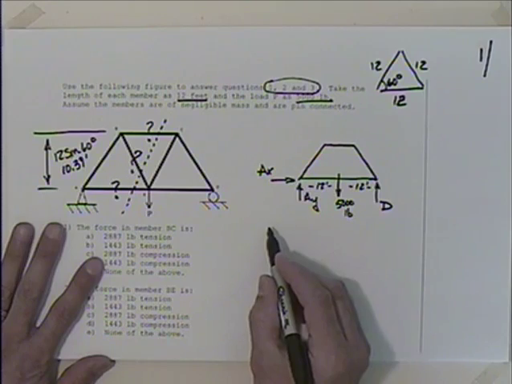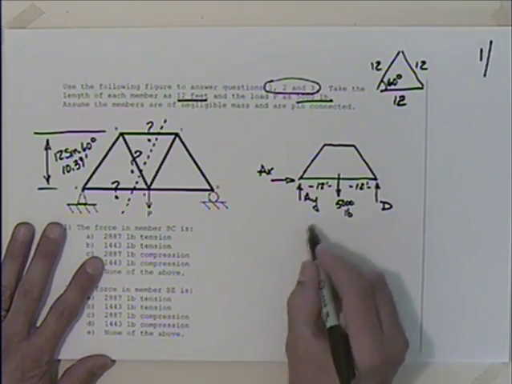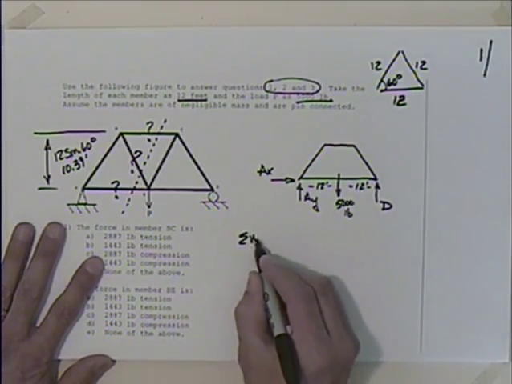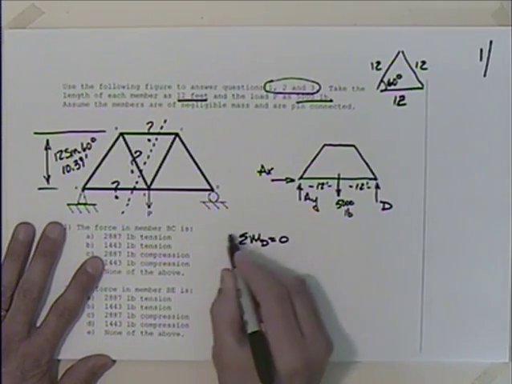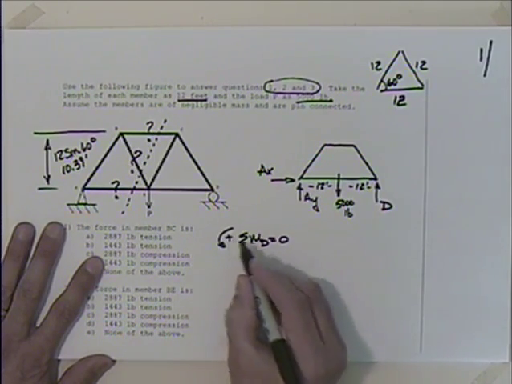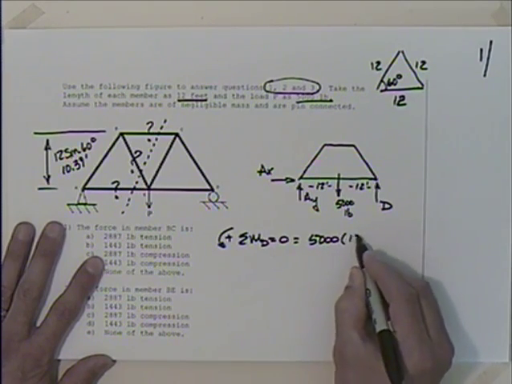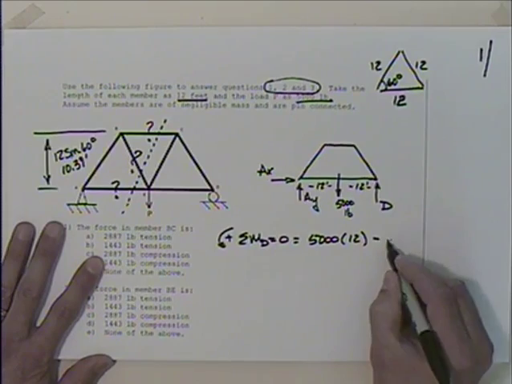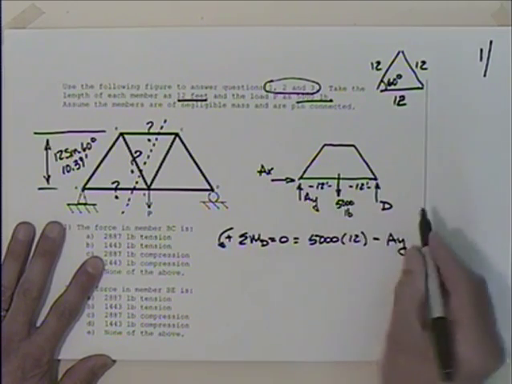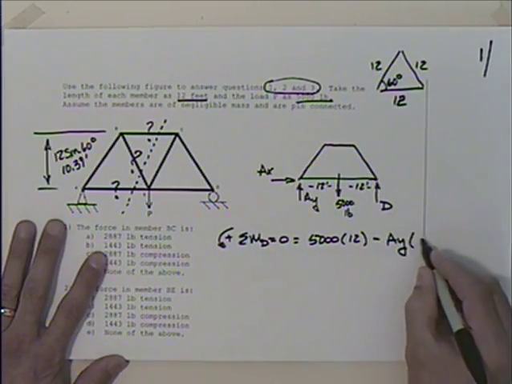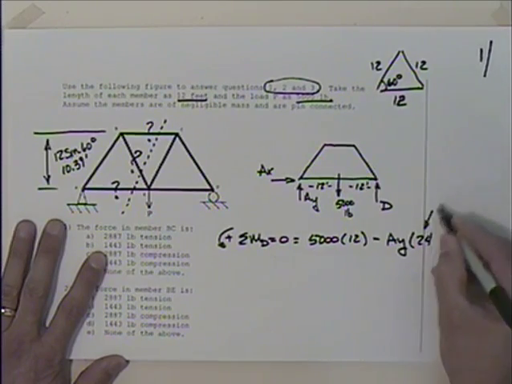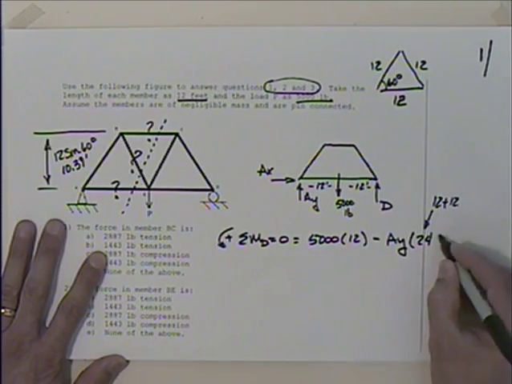So I'd like to find this AY, so I think I'll sum the moments about D, setting that equal to 0. Maybe we'll take counterclockwise as positive. So we'll have 5,000 times the distance 12 minus AY times the distance of 24, which comes from 12 plus 12.